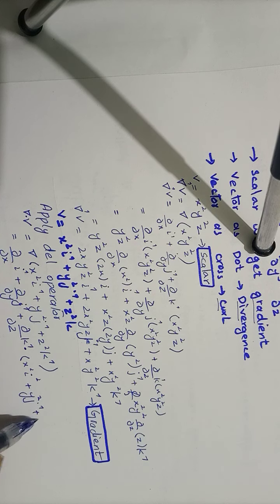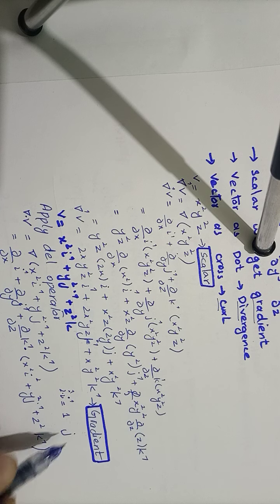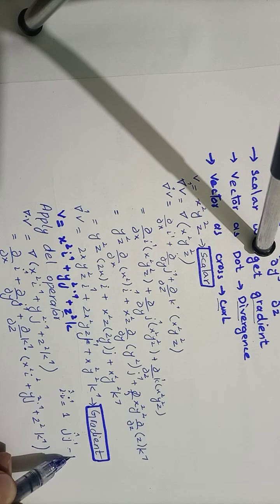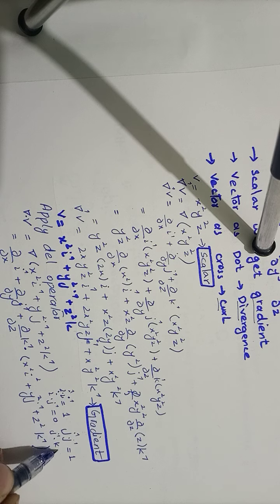As we know, i dot i is equal to 1, j dot j is equal to 1, and k dot k is equal to 1. i dot j is equal to 0, and j dot k is also equal to 0.